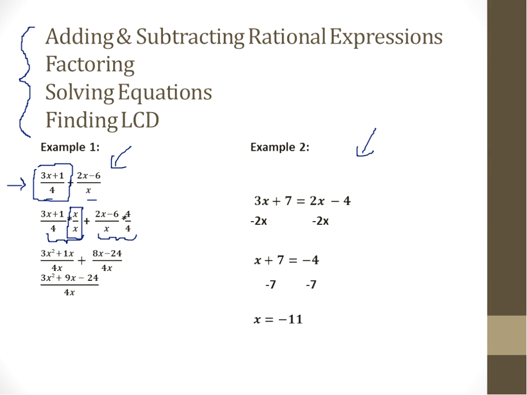If I multiply it by any other value, it would actually change the term itself. It would no longer be equivalent. So that's why we multiply by x over x, because x over x is 1. I'm just multiplying it by 1. But in that sense, I'm making the denominator 4x, which I need it to be. Then over here, we had an x in the denominator already, so I just multiply it by 4 over 4. And then you can see the remaining simplification down there.